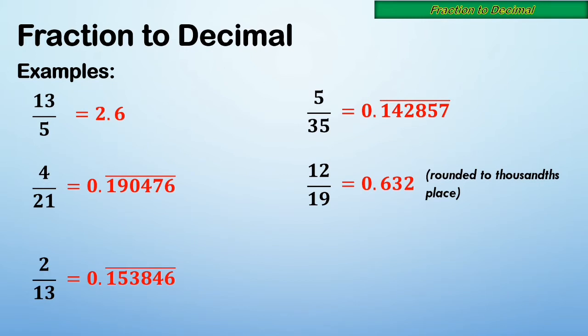Okay, then it is rounded to thousands place kasi mahaba masyado, gi-round up na lang natin ito thousands place. 17/11, that is 0.54. Paulit-ulit ang 54 kaya meron tayong line sa ibabaw ng 54. Okay, hope you learn how to change the fraction to decimal.